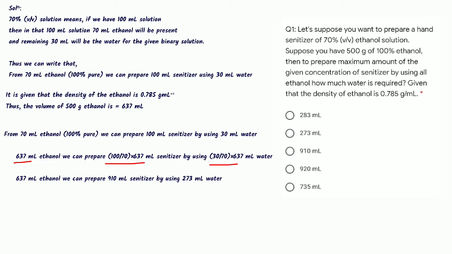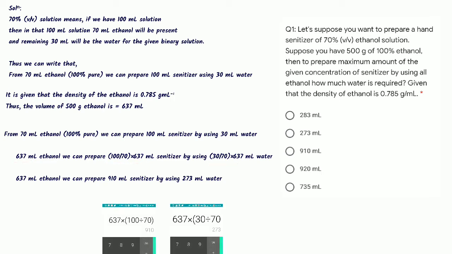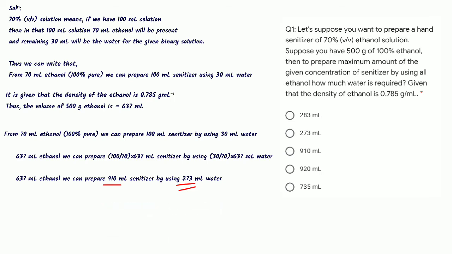Using a calculator, we can calculate these two, and from this 637 ml ethanol, we can prepare a total of 910 ml of sanitizer by using how much water? 273 ml of water. So option B is correct, which is 273 ml water.